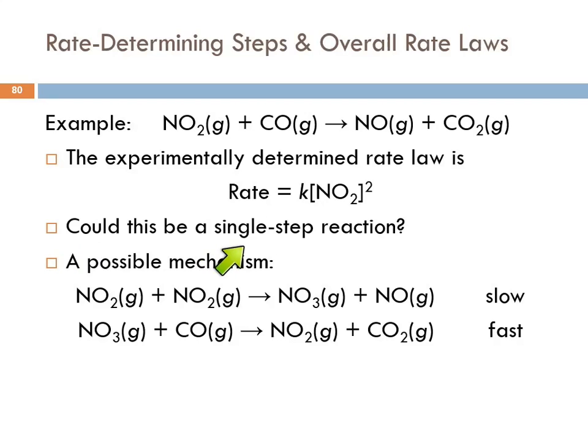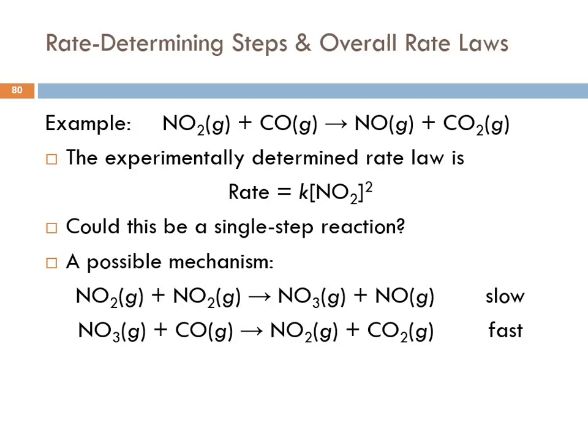Could this be a single-step reaction? If it's a single-step reaction, then this is the elementary step and represents the actual collisions that are occurring. The rate law of an elementary step can be predicted by looking at the equation. So if this was the elementary step, what would the rate law be?